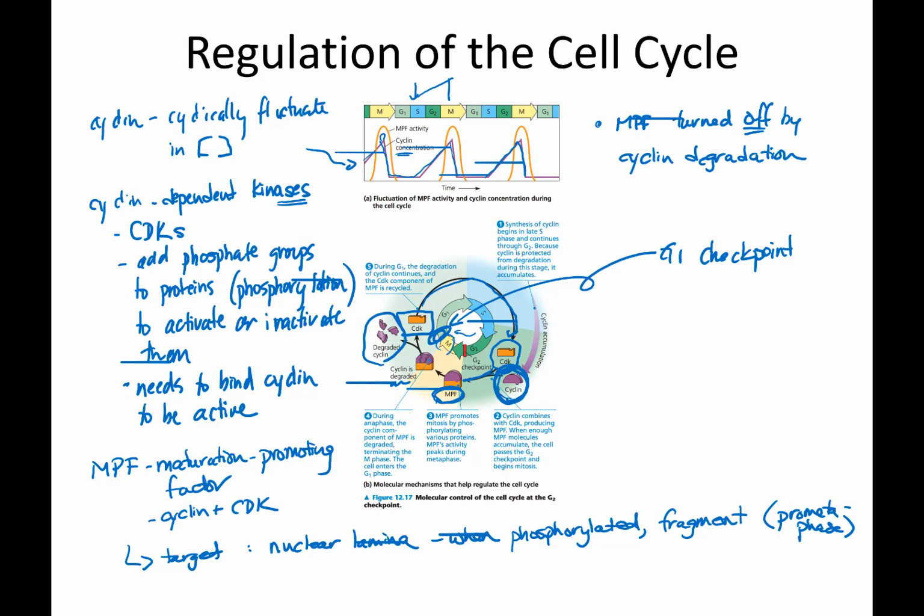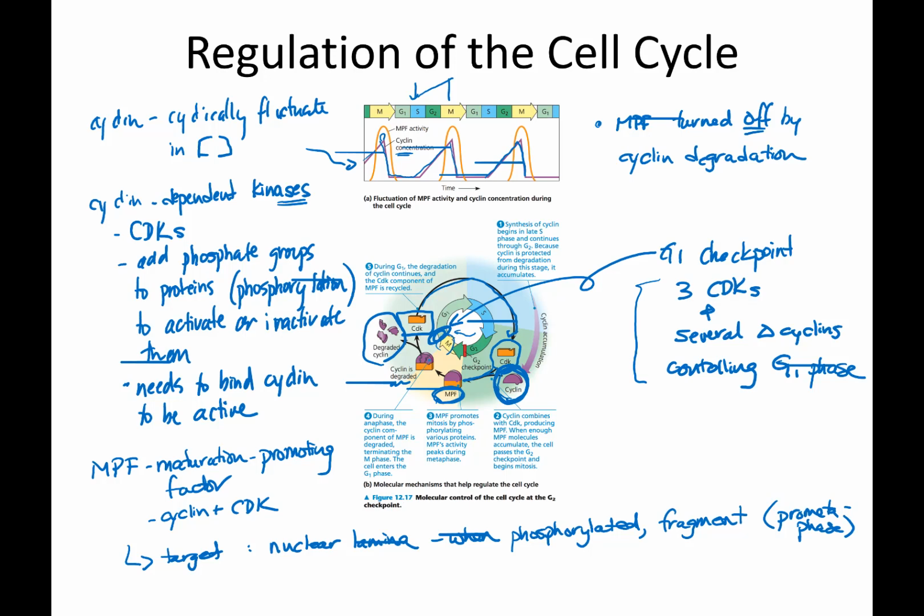It is so crucial that it has 3 different CDKs and several different cyclins controlling G1 phase, exerting a tremendous amount of control on whether or not cells can enter the cell cycle.